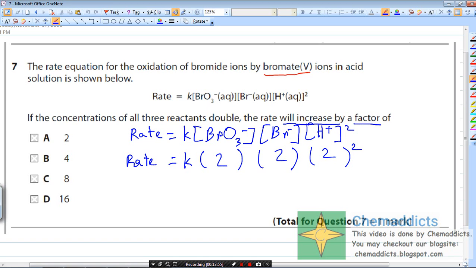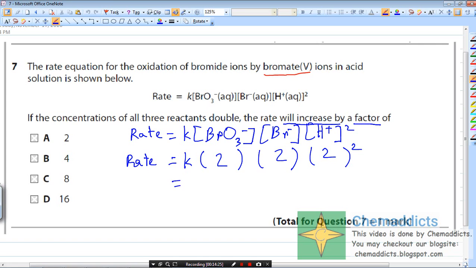We are just substituting the values: suppose this is 2. We are putting in all the factors by which the three reactants are increased.